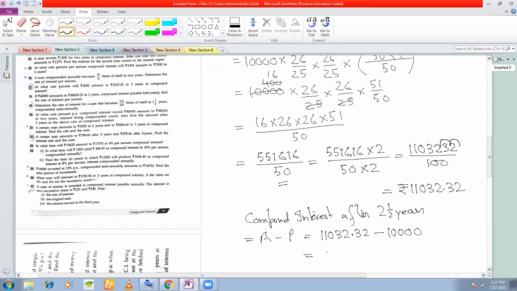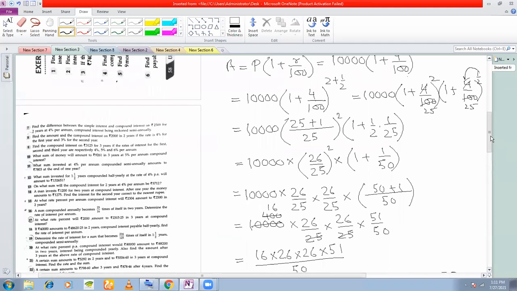So you'll get rupees 1,032.32 paisa. Fine. Did you understand, or any step that needs clarification?